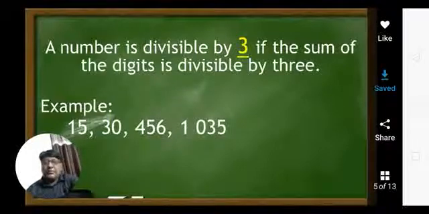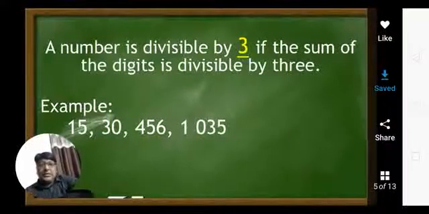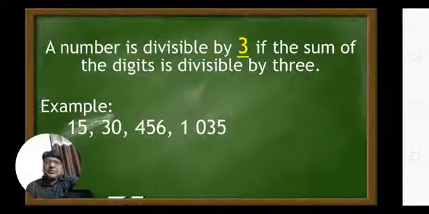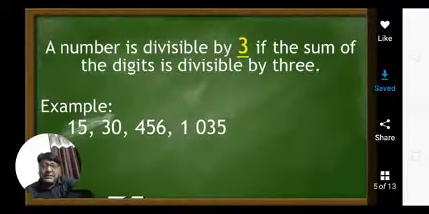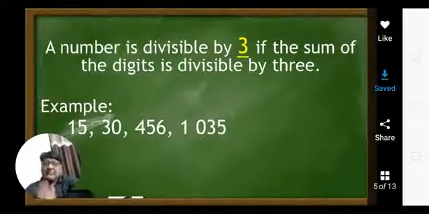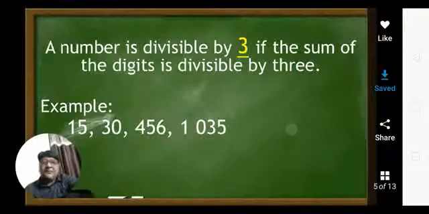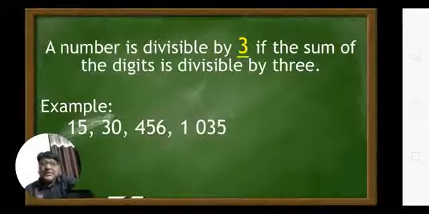One more thing I want to make very clear to the students. Most of the students do not find the difference between digit and number. If I ask what is the number, they will say it; if I ask what are the digits, they will say 4 number, 5 number and 6 number. So there is a difference. 456 is the number, and it comprises 3 digits.